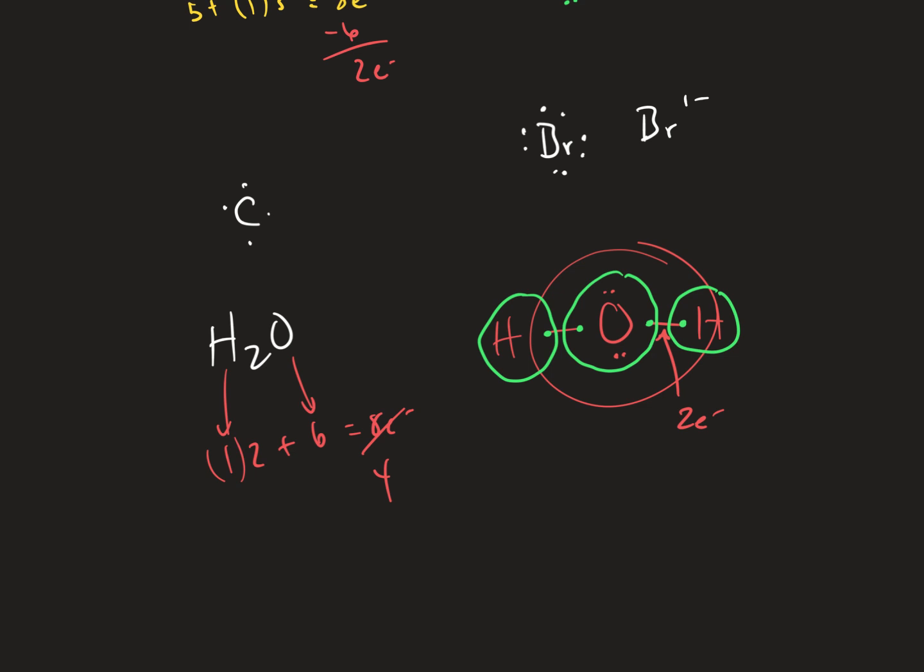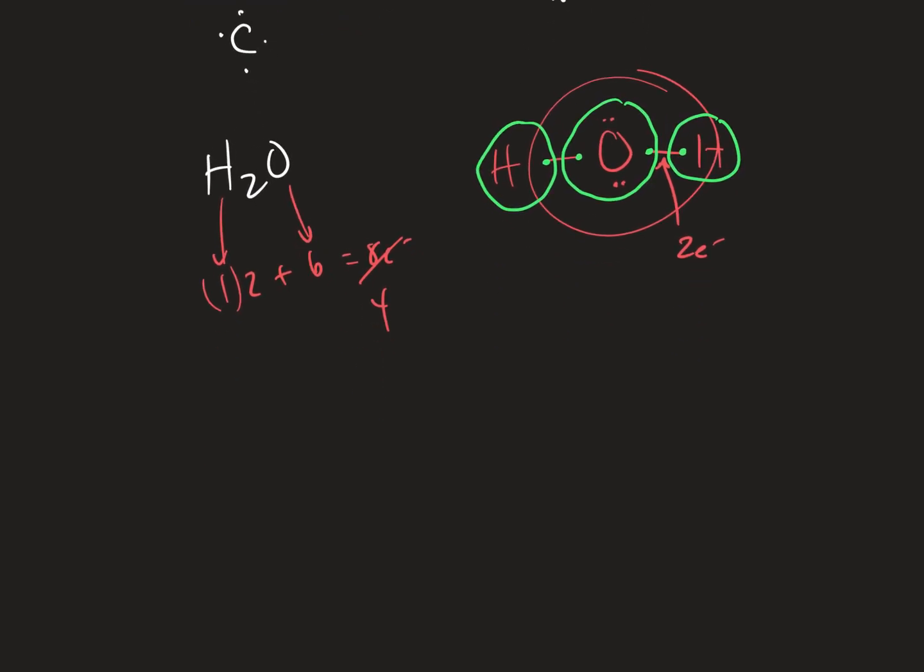So, if you want, guys, I don't do it this way because I don't like it. But let me show you another way. We get the electron dot structure for a single element, right? Here's hydrogen. Here's oxygen. Here's hydrogen. Well, these guys share.